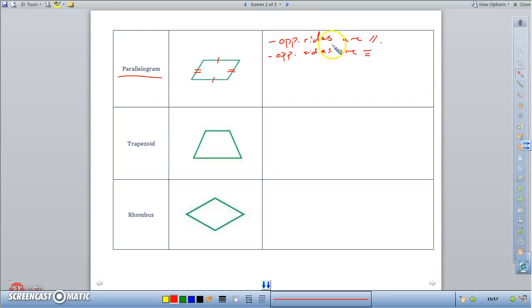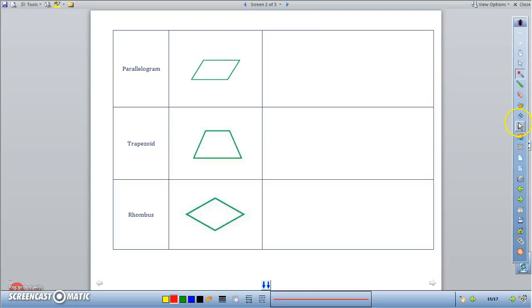And again, in keeping with the opposite theme, I'm sorry, not opposite sides, opposite angles are congruent, meaning that this angle is congruent to this angle, and this angle is congruent to that angle. All right, that kind of ends our opposite theme. That's all the opposites that we have here.